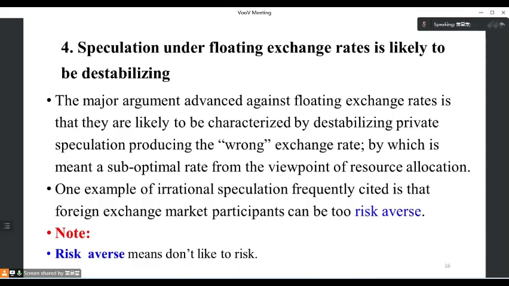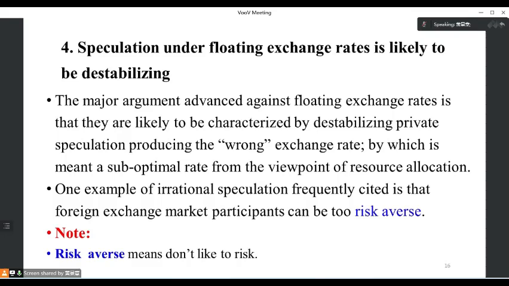The main argument advanced against the floating exchange rate is that they are likely to be characterized by destabilizing private speculation, producing the wrong exchange rate, by which is meant a suboptimal rate from the viewpoint of resource allocation.